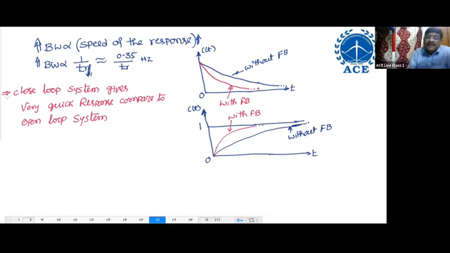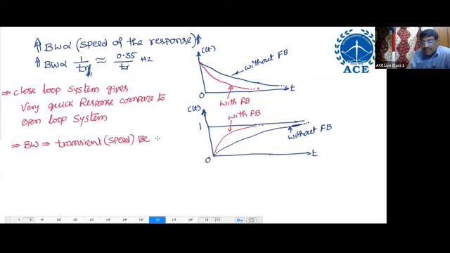One more thing, transient response. Speed means transient. Steady state performance means accuracy. So bandwidth represents the transient behavior of the system. Transient means speed.